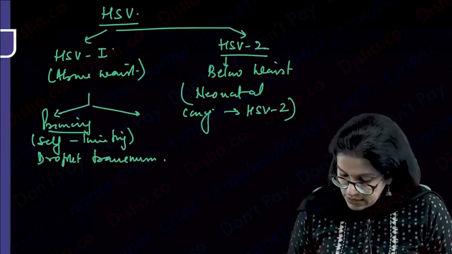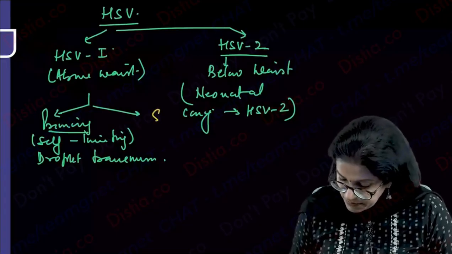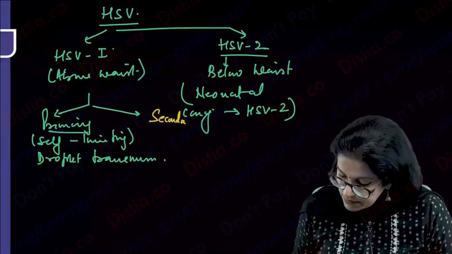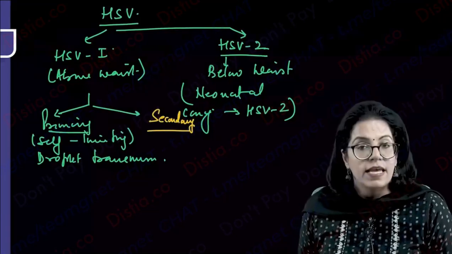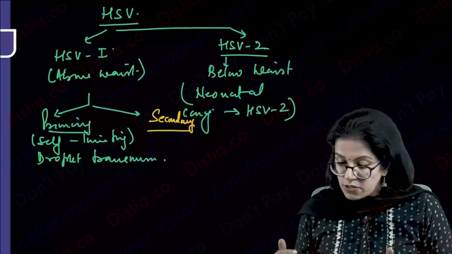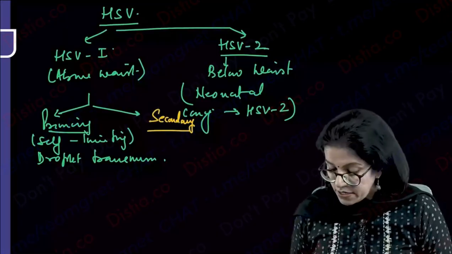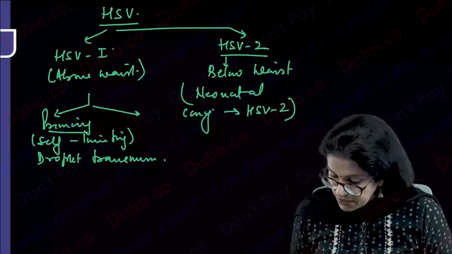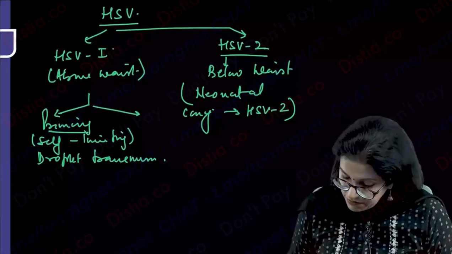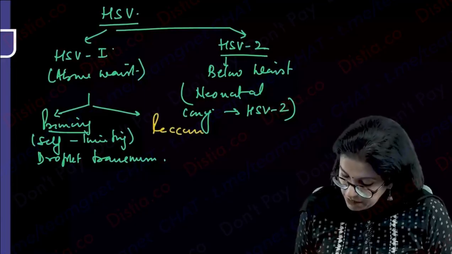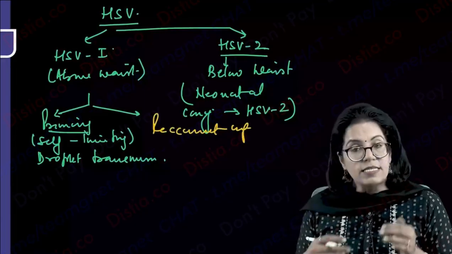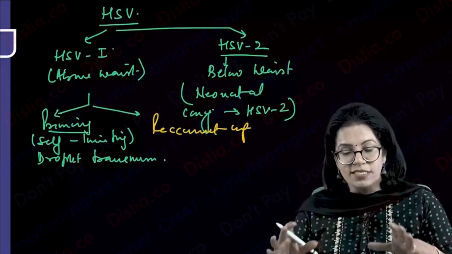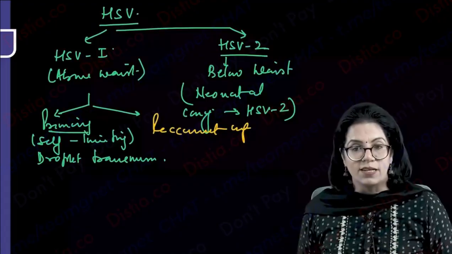Coming to secondary, we call it recurrent infection, write it as recurrent infection. What is happening? Once there is a primary infection, it sleeps. The story is it goes to sleep in the trigeminal ganglion.